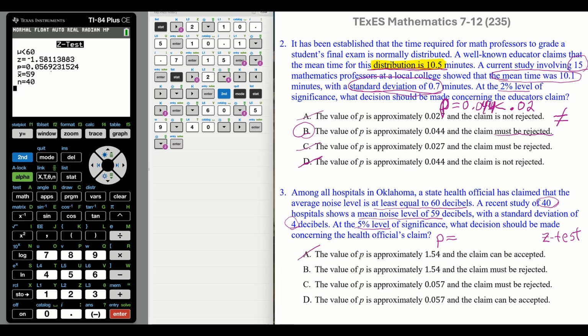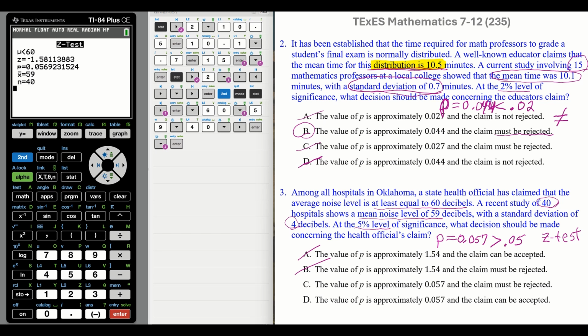So that means A and B are out. Now, our p-value is 0.057. Is that less than or greater than 5%? It's a little bit greater. This means we cannot reject.